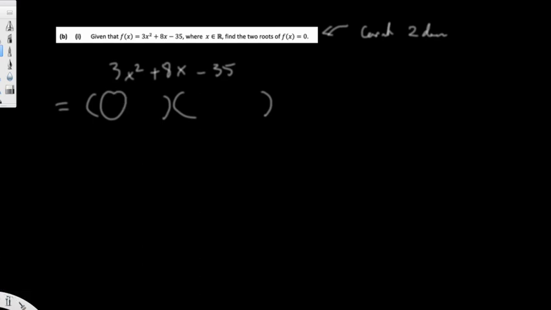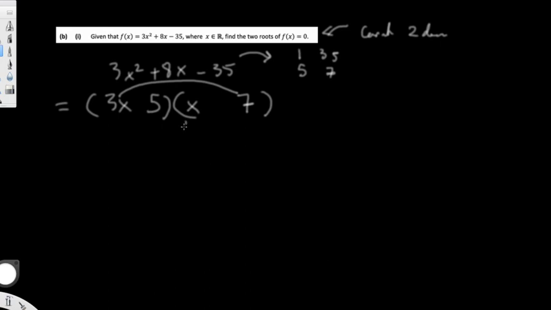Okay, so for the first number here, well, this 3x squared has to be 3x and x, okay? And then for the second one, 35 could be 1 and 35, or it could be 5 and 7, and there isn't anything else. So I'm going to try 5 and 7 first. Now, if I'd made this one 7 and this one 5, then I'd have 21 and I would have 5, and there's no way to get 8 from 21 and 5. So let me try it the other way around, 5 and 7.